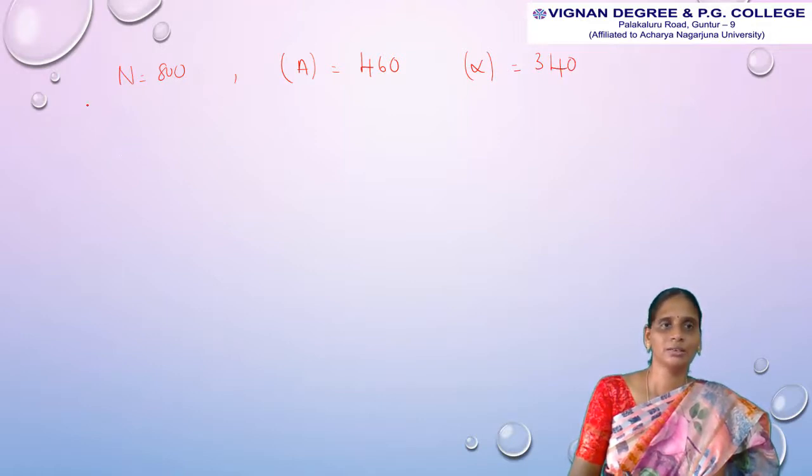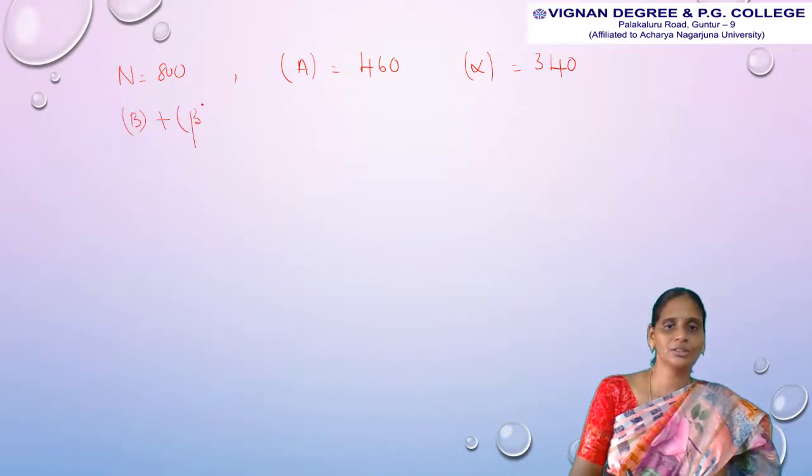Again, N can be written as frequency of B plus frequency of beta, 800, and frequency of B minus frequency of beta. So this is 40% of the total.